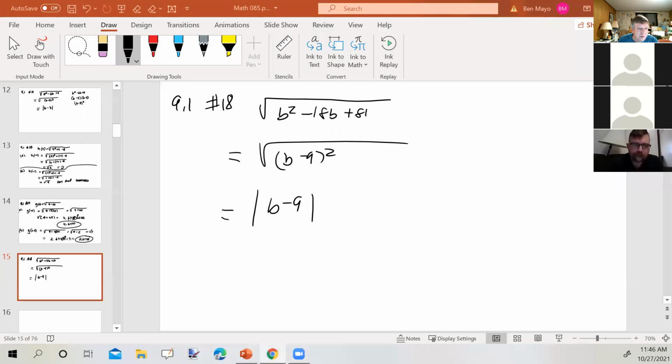Okay, so let's go to student view and let's see here. Let's find some problems where we're going to use absolute value.